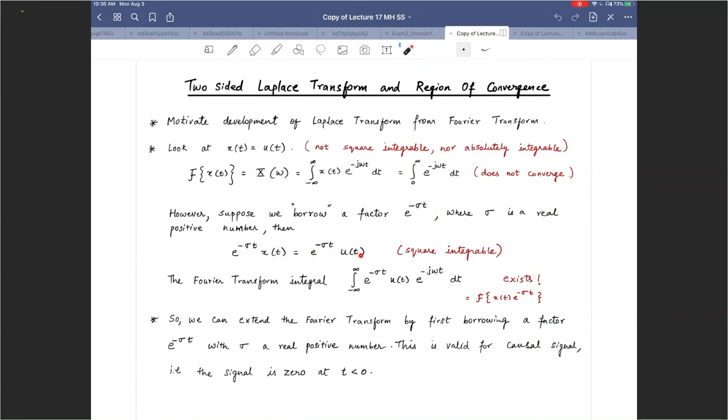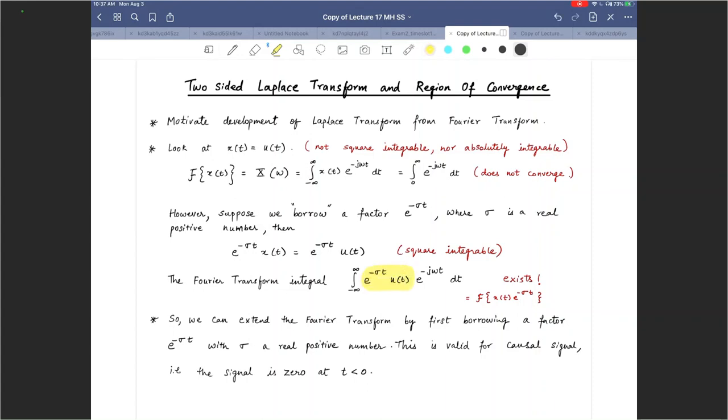Essentially we are saying let us put a damping exponential on top of our unit step, so that when we do the integration, our area will converge. So that's essentially what we are doing. We are borrowing a factor e to the minus sigma t, where sigma is a real positive number. Now we are evaluating the Fourier transform of a new signal, which I'm going to highlight in yellow.